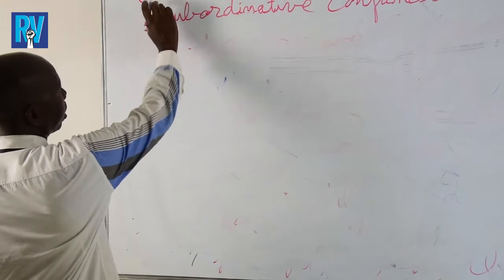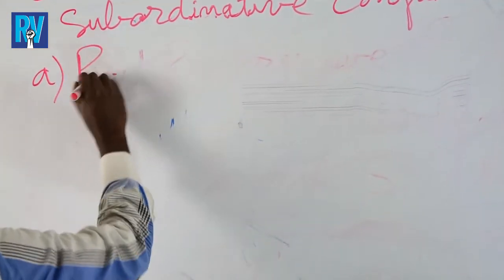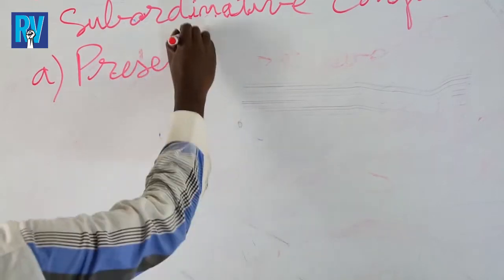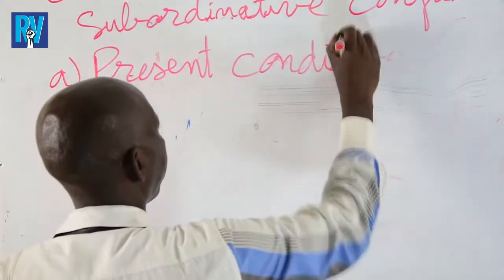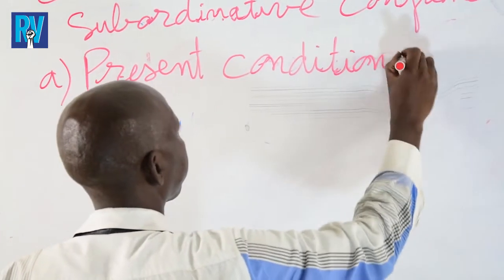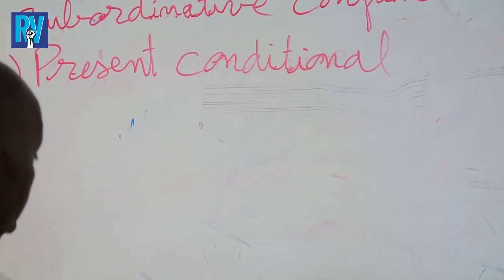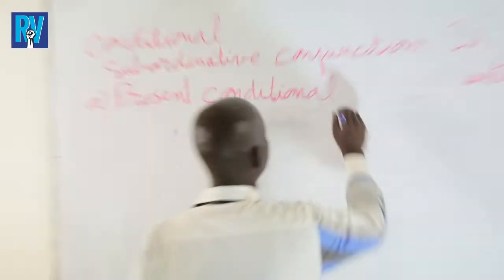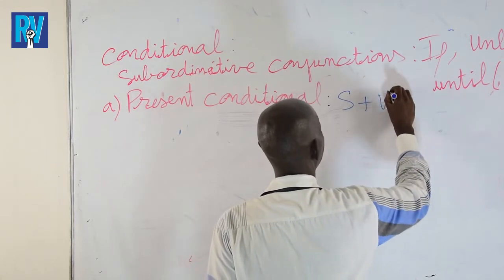So let us see first the conditional A, the present conditional. Here is how to form the present conditional. Subject, comment on conjugue?